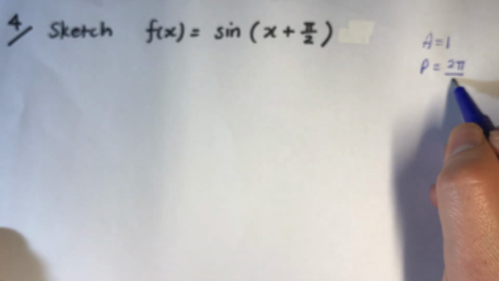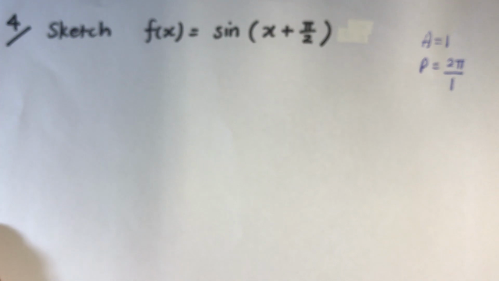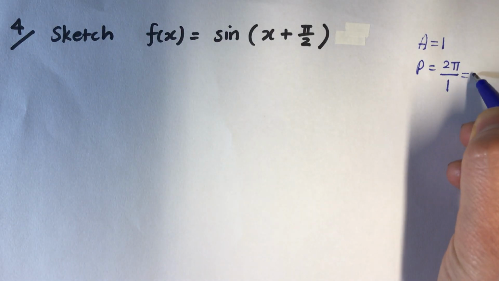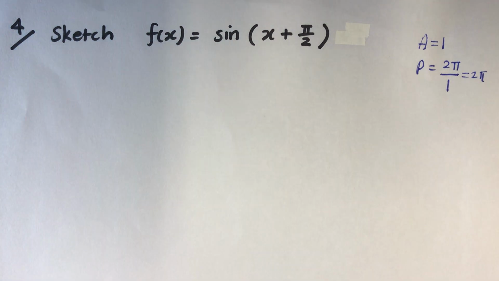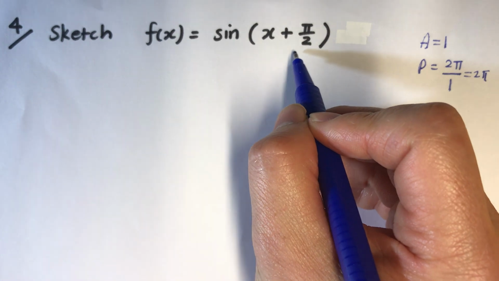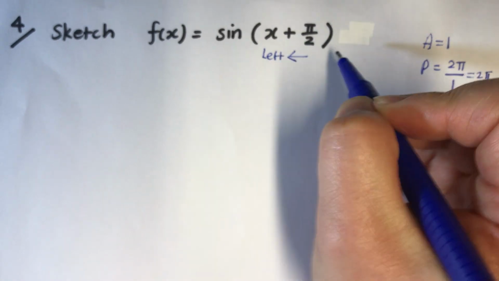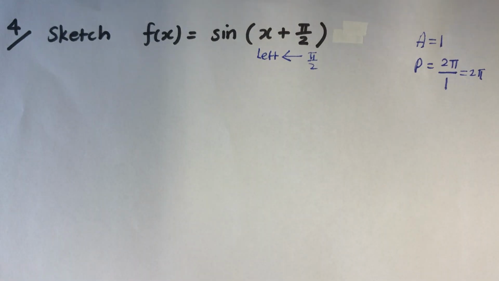So I'm going to put 1. Okay, and that's 2 pi. Okay, so that's all right. And then now this one's actually going to the left by pi over 2.